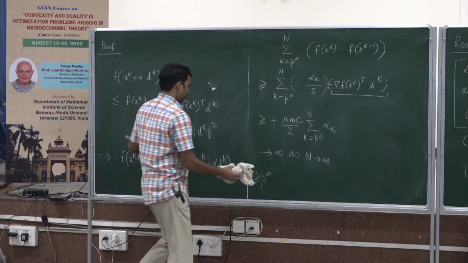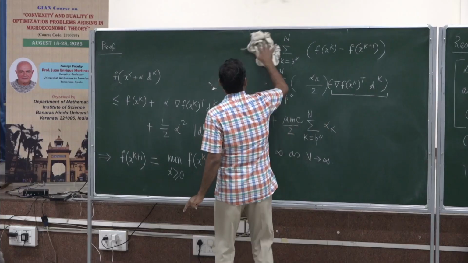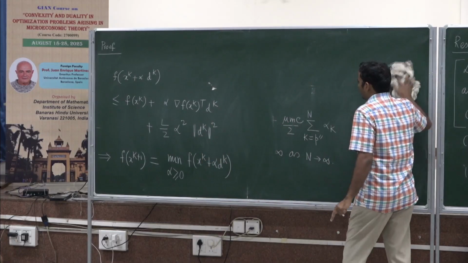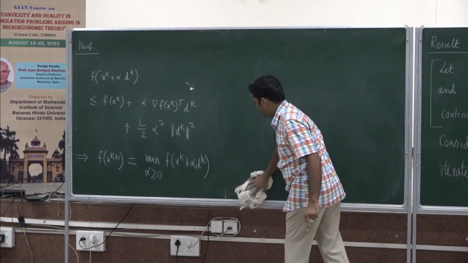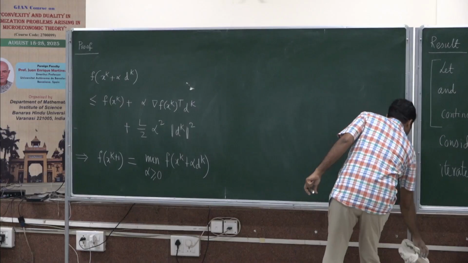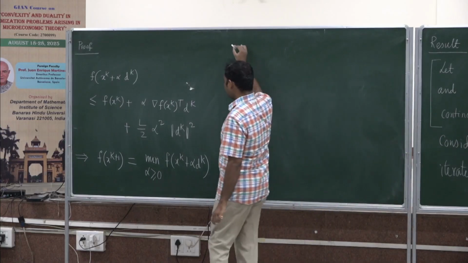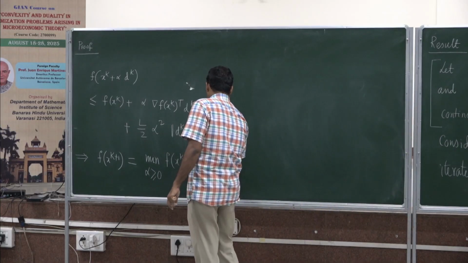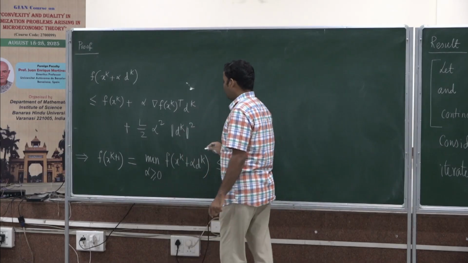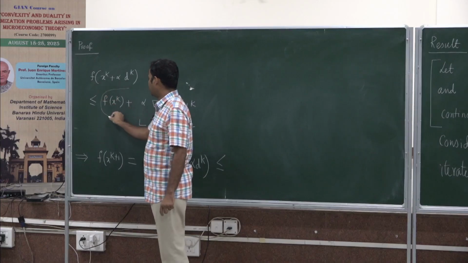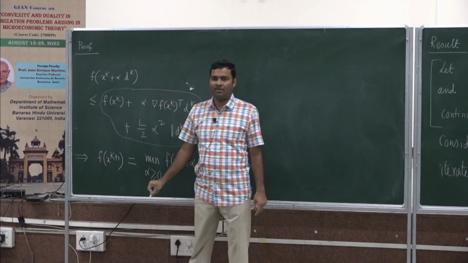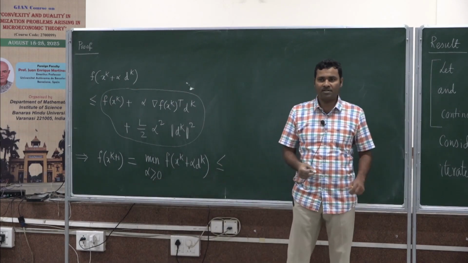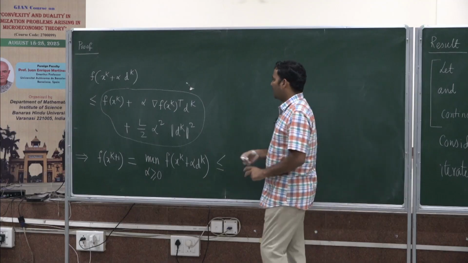And then in this inequality, I can employ the minimum on both the sides, and I get that this is less than or equal to the minimum value of this function. But this function is a quadratic function of the variable alpha, right? We can quickly compute its minimum value.